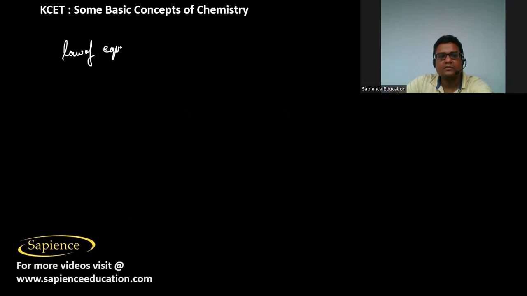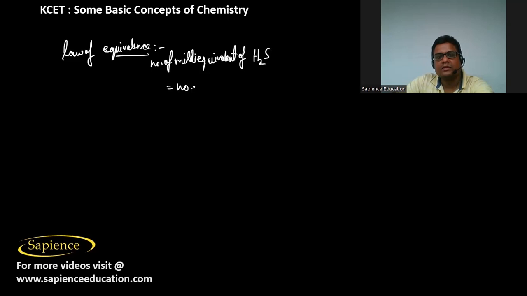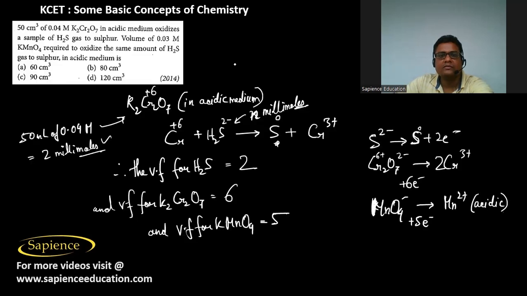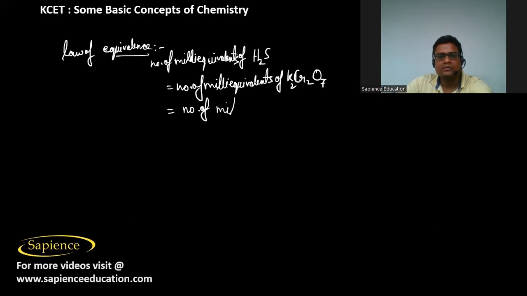According to the law of equivalence, the number of milli equivalents of H2S should be equal to the number of milli equivalents of K2Cr2O7, and when it reacts with KMnO4, the number of milli equivalents of H2S, which is kept the same, should be equal to the number of milli equivalents of KMnO4, since the same amount of H2S gas has been oxidized to sulfur.